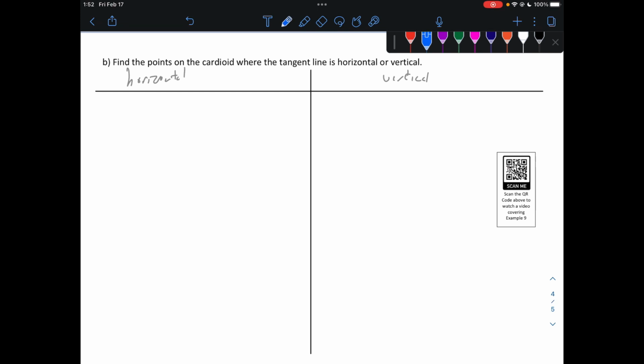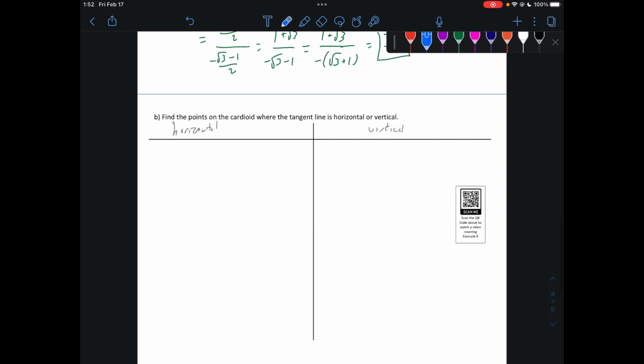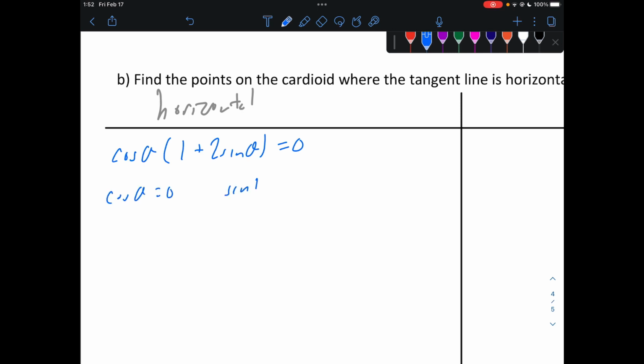All right, so for horizontal, remember that means that the slope would be 0, which means the numerator would be 0. So cosine plus 2 sine cosine. I'm going to factor out a cosine. So it'd be cosine times 1 plus 2 sine equals 0. So either cosine equals 0 or sine would equal negative 1/2.